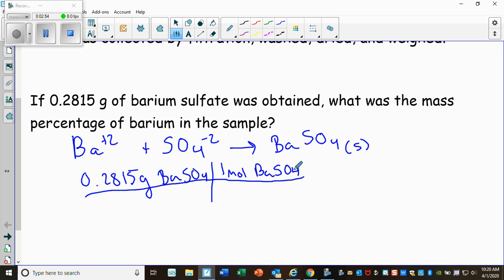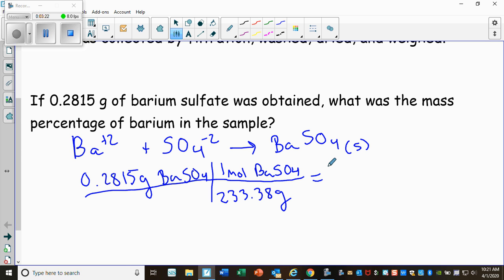I had this down somewhere, and I need to find that now. Let's see. All right, so 233.38. Not a particularly large amount of barium sulfate present here, but that's fine.